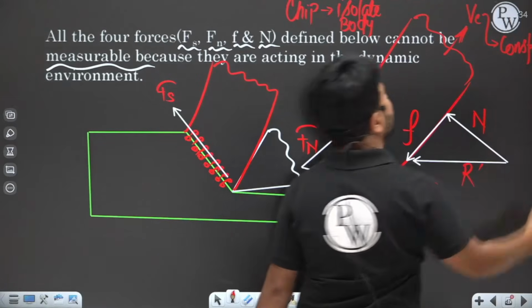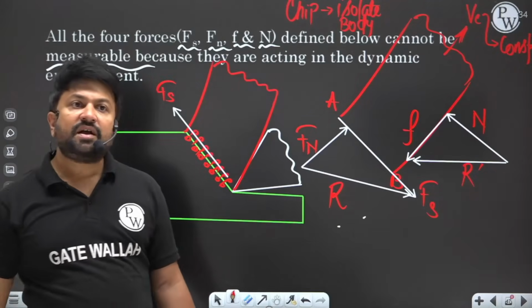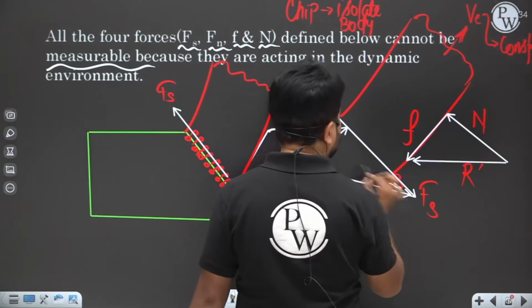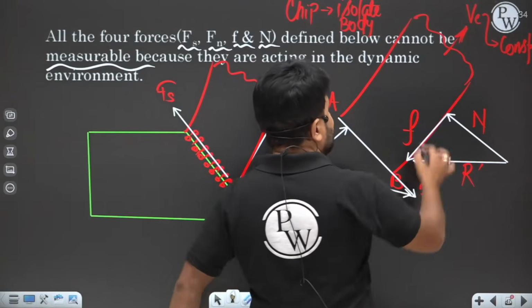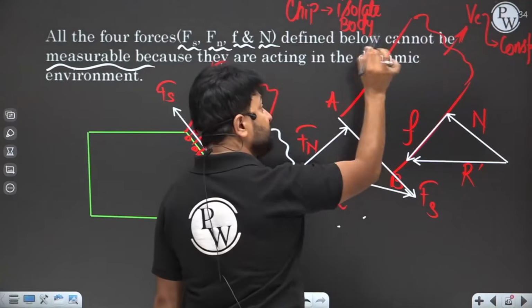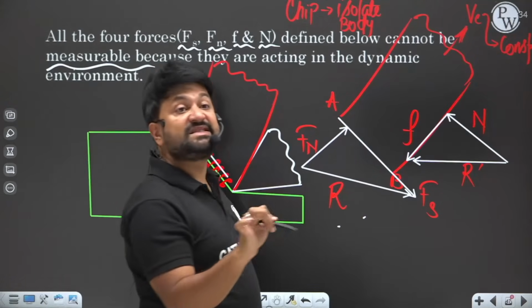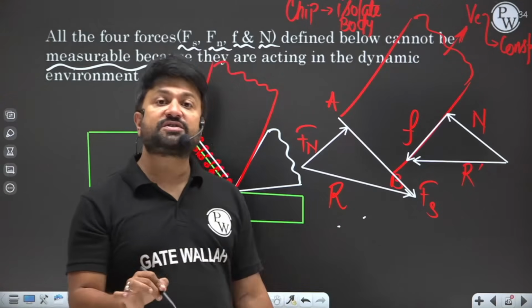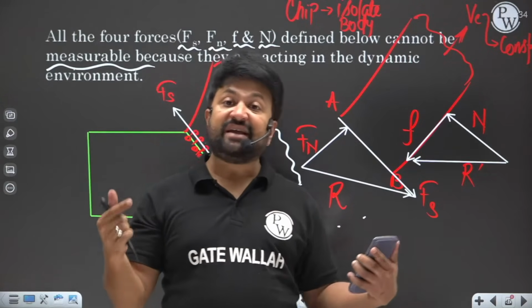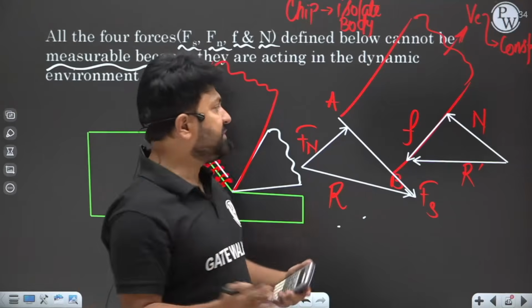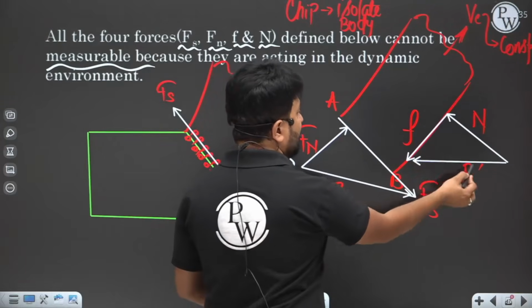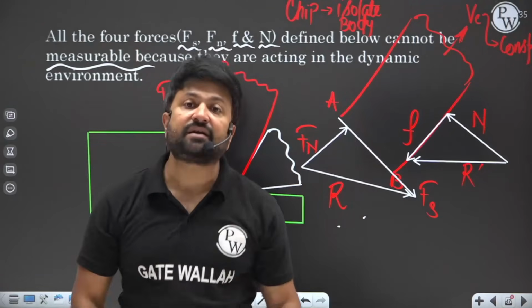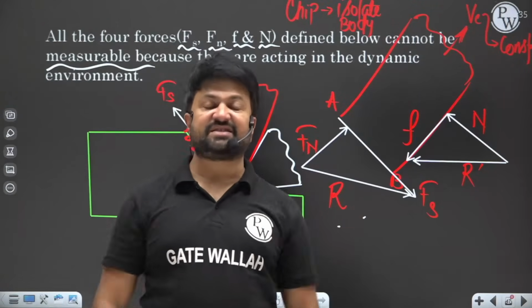Since the chip velocity is constant, the net force on the body is 0, or whatever forces are acting on the body, their algebraic sum is what?